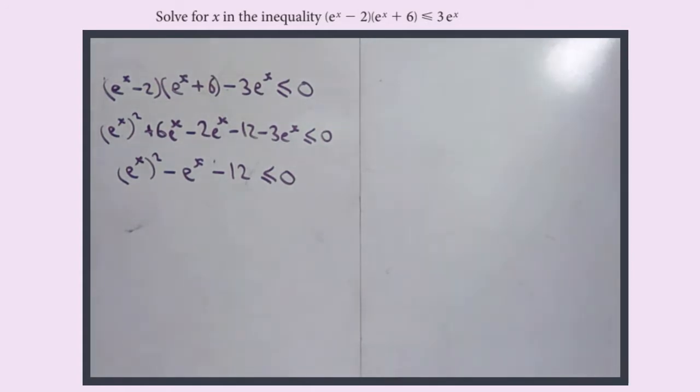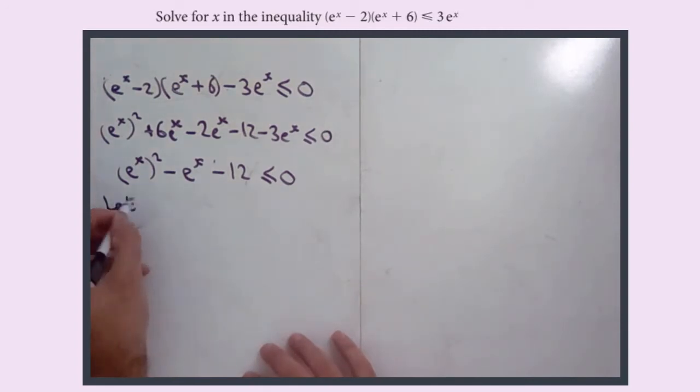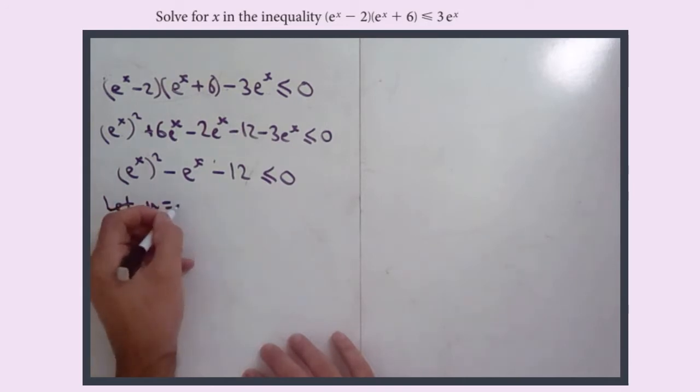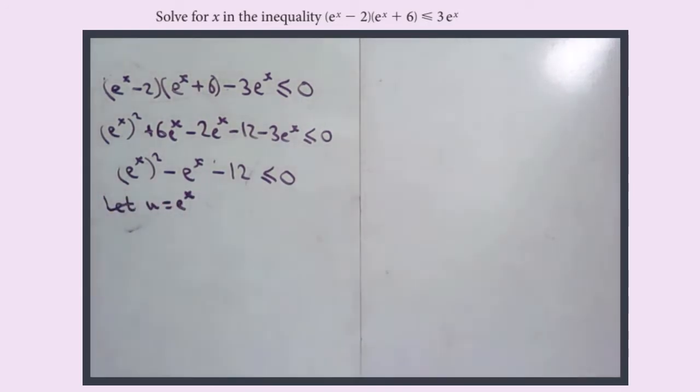And now we can look at this and potentially bring a dummy variable in. So I'm just going to bring this u in. You don't have to, if you're very confident you don't need to do this, but I'm going to say let u equal e^x. And the reason is because then we can get it into a very, very familiar looking quadratic inequality.